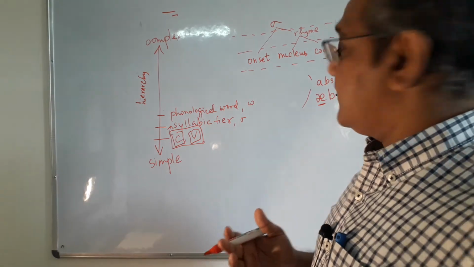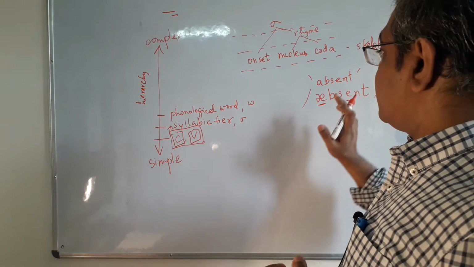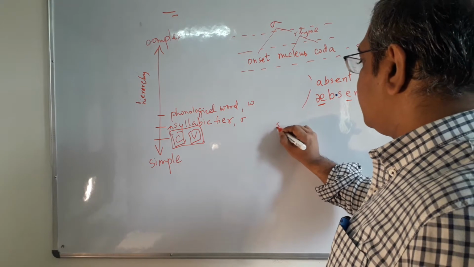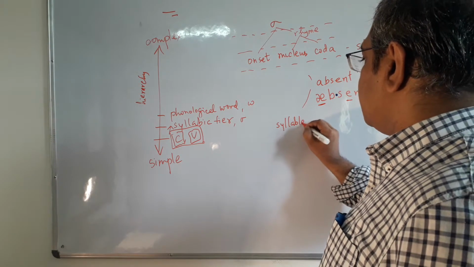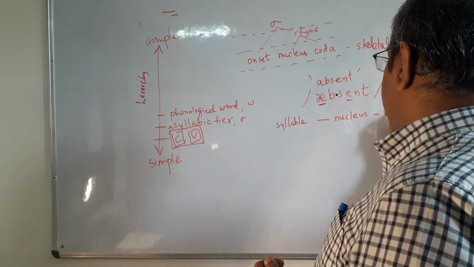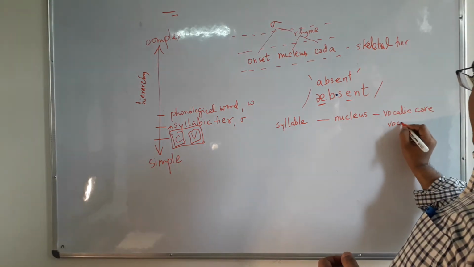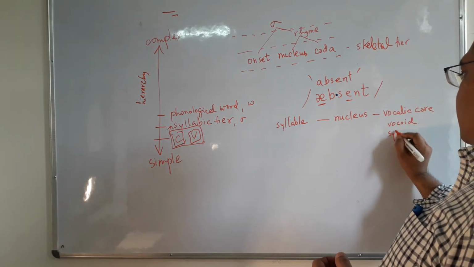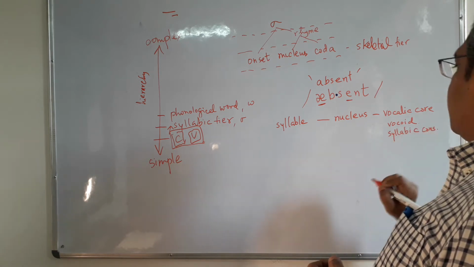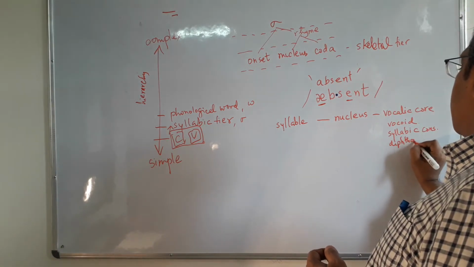Traditionally we are taught to understand a syllable with respect to this syllabic boundary and the fact that every syllable must have a nucleus, which is a vocalic core, and this vocalic core can either be a vocoid or a syllabic consonant or a diphthong or triphthong.